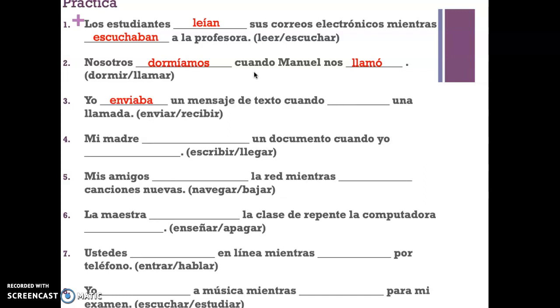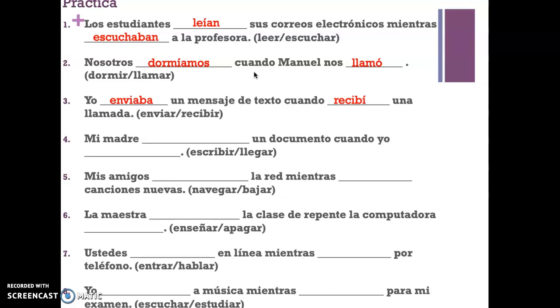When recibir una llamada. I received a phone call. Therefore, I received that phone call once and I didn't finish sending my text message because my phone started to ring. So I received it once, making it a singular preterite tense conjugation. Recibí. I received a phone call.